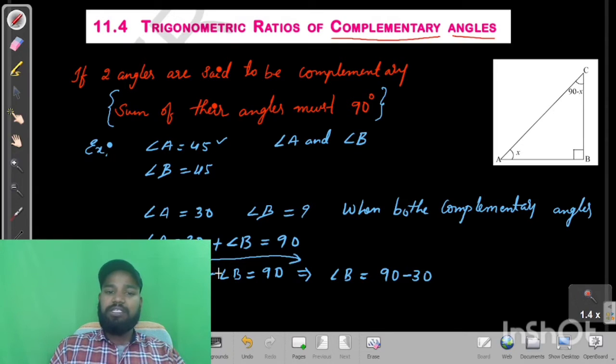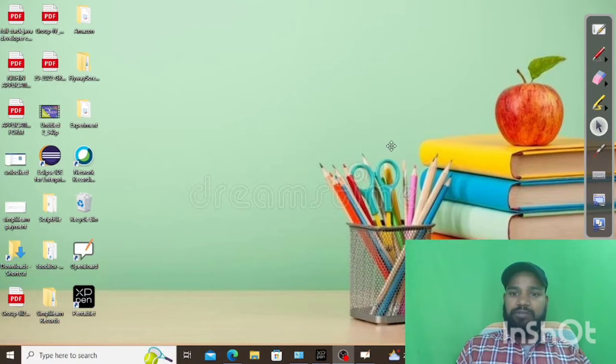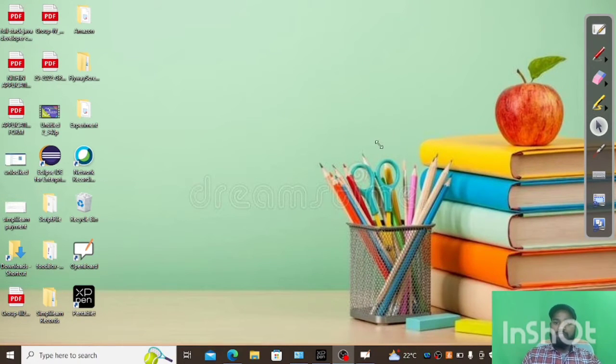Here 30 is a positive quantity, and when it is transposed towards the RHS side, it becomes a negative quantity. Am I clear? So it becomes 60 degrees.